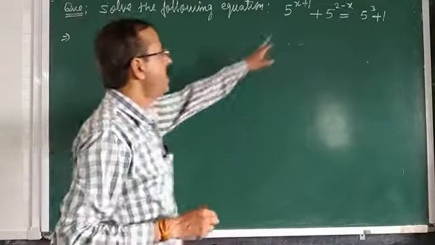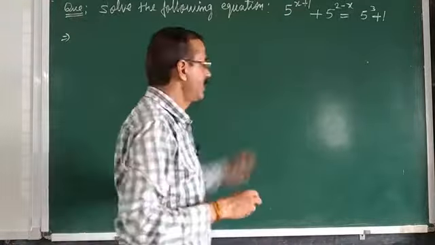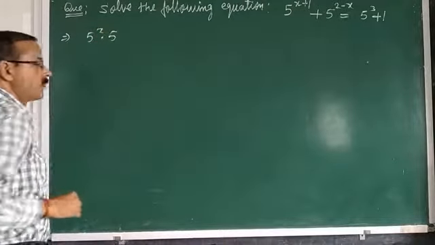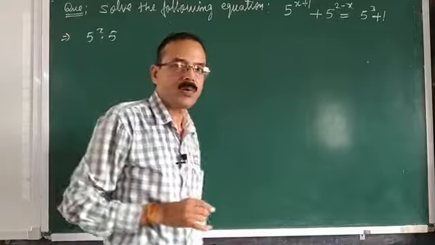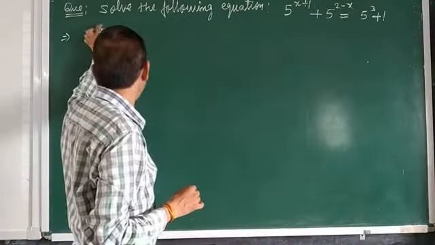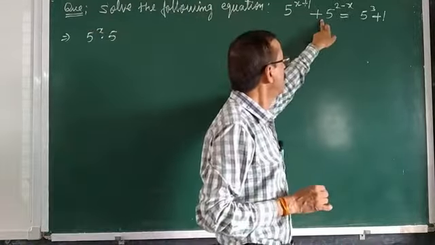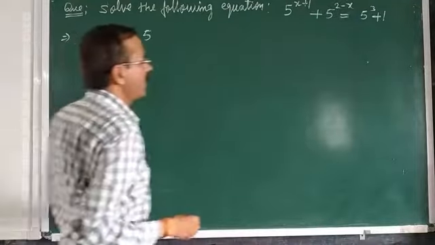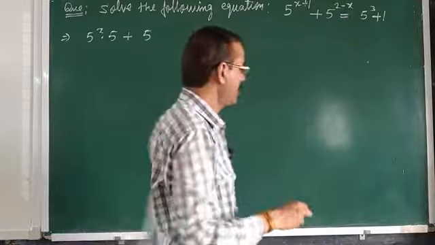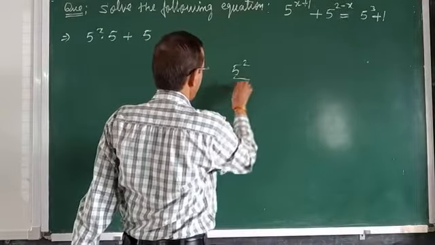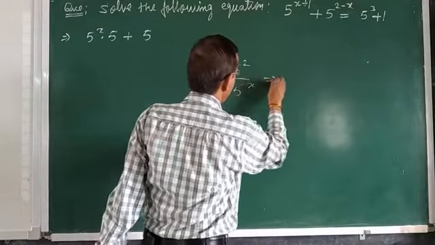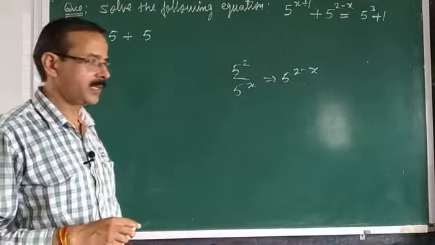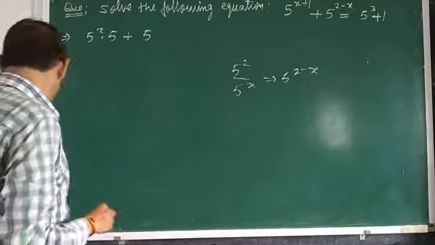5 power x plus 1 can be written this way: 5 power x into 5. Because the base is the same, the powers will be added, so 5 power x plus 1. Now, 5 power 2 minus x can be written as 5 squared upon 5 power x, as you studied in the previous class about indices.